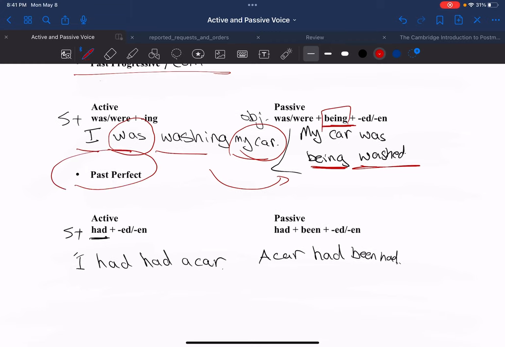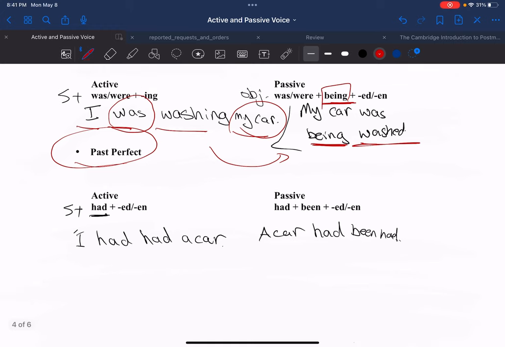Now, for past perfect, we have its active state: subject plus had, plus PP. Past, we mean past participle. We have I had a car. Keep in mind, this is just a slightly confusing sentence. Sometimes a teacher might use this to trick the student.